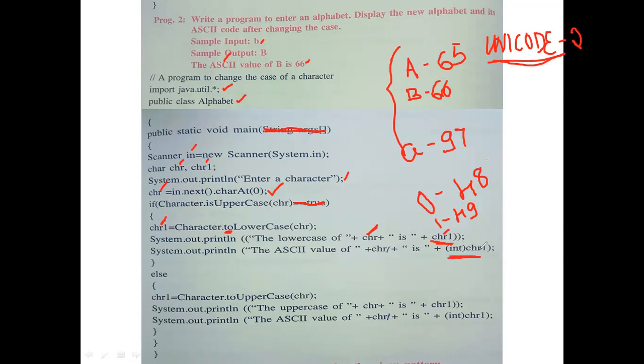Int of CHR1. CHR1 is a character variable, right? But I don't want to print that character as such. Already we printed it here. I want to print this ASCII value. So int, see, explicit type conversion, converts it to number format. Its ASCII value will be given.